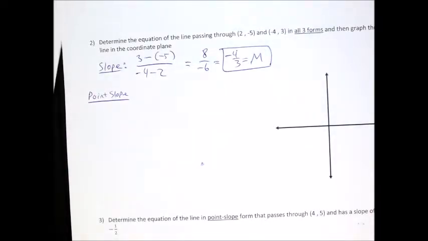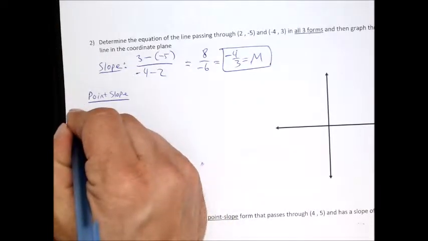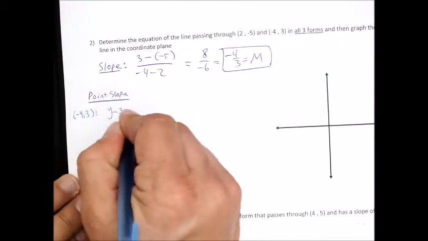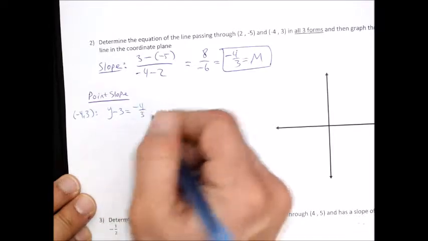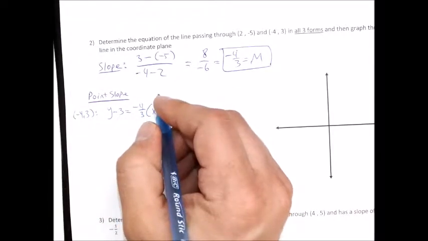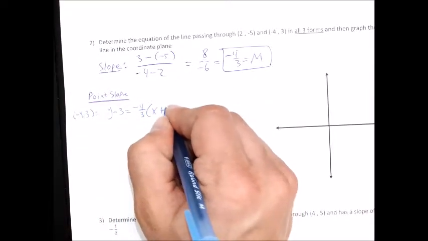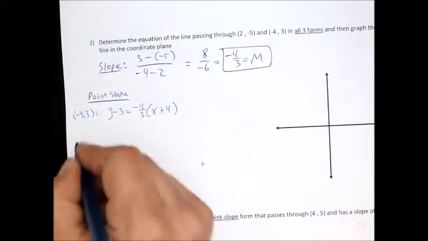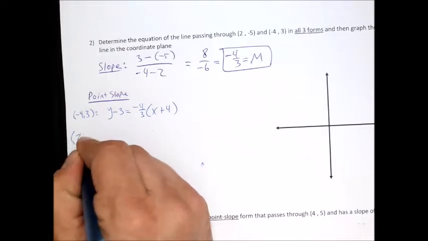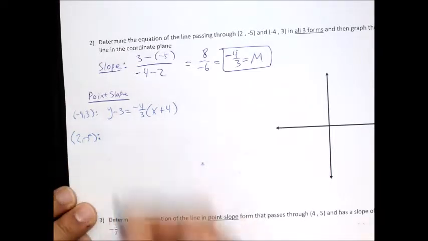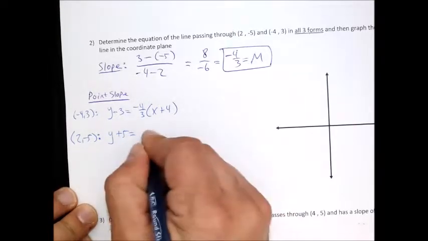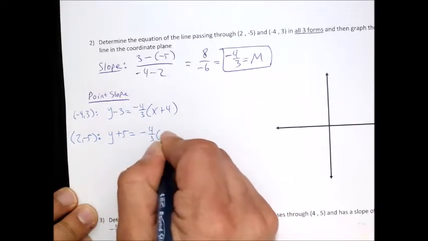Point slope could be either, if we use the point (-4, 3), y minus 3 equals -4/3 times x plus 4. Or if we use the point (2, -5), either one will work, we get y plus 5 equals -4/3 times x minus 2.